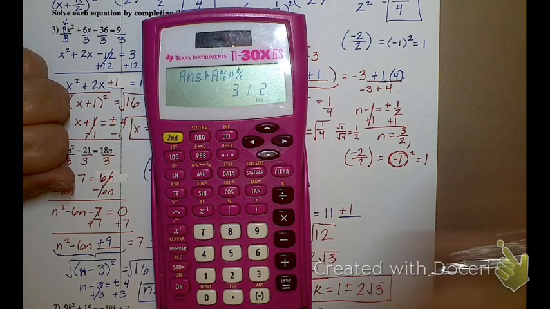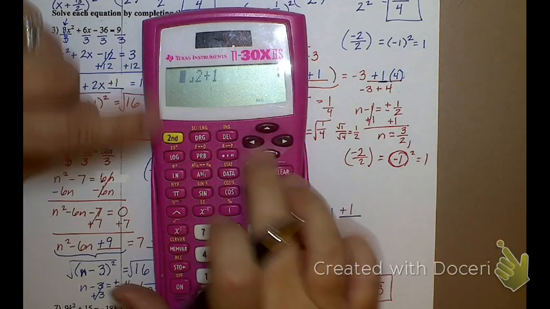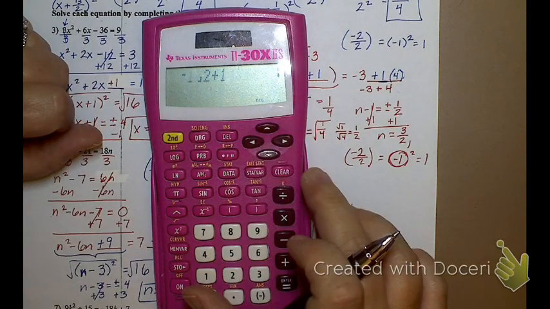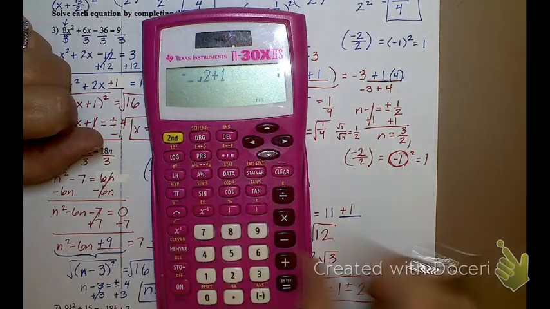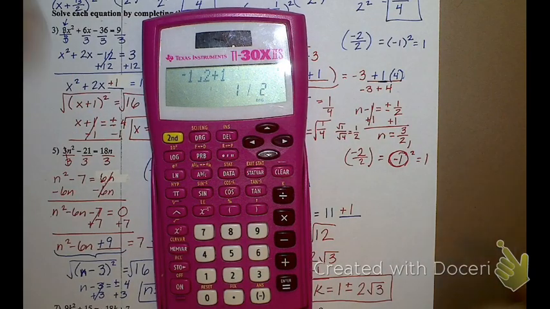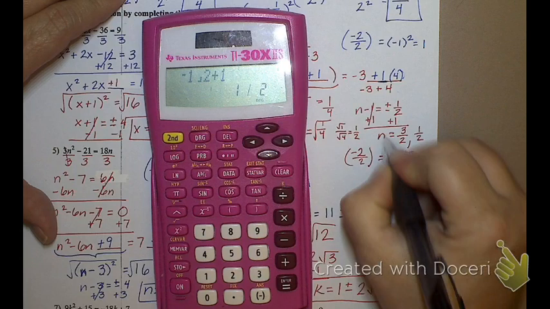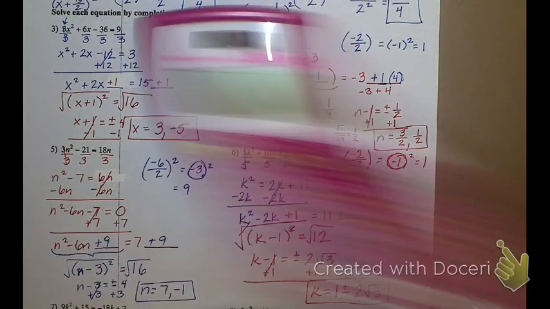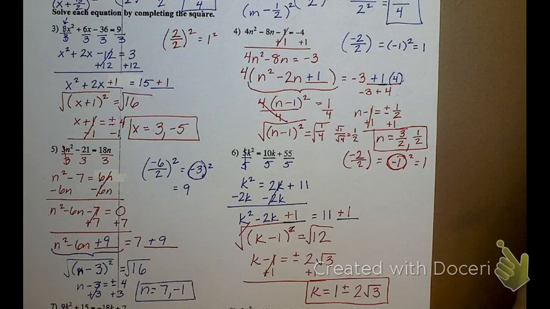Because the other one, I have to come back and do negative 1/2 plus 1. It's second and your fraction button, your A, B over C. Negative 1/2 plus 1 is positive 1/2. So that's my answer right there. That one was extra ugly. 3 over 2, 1/2.